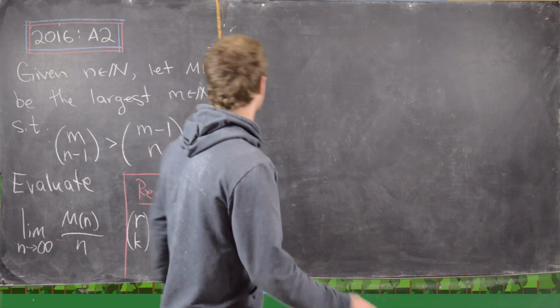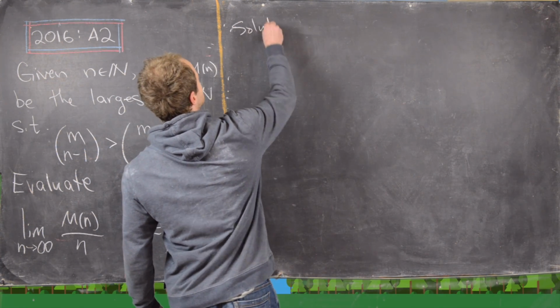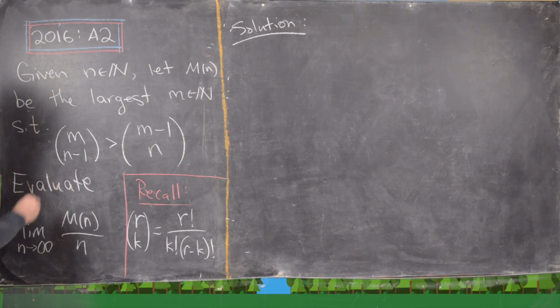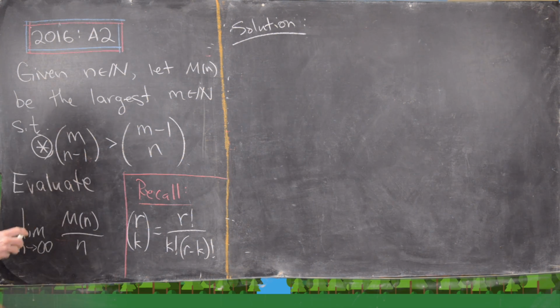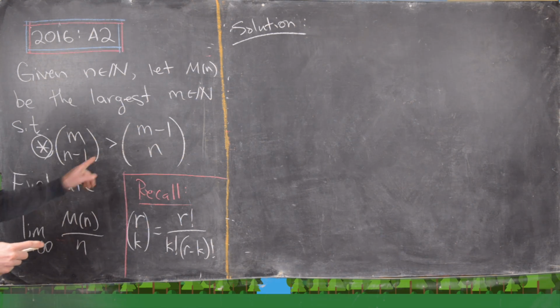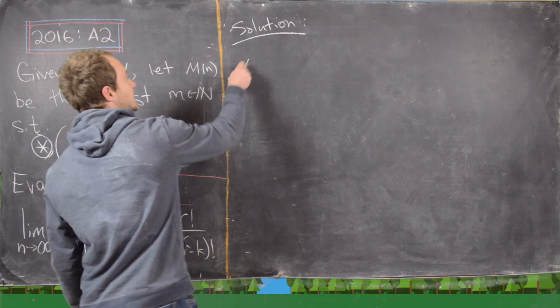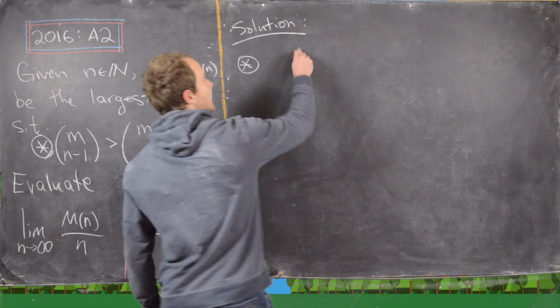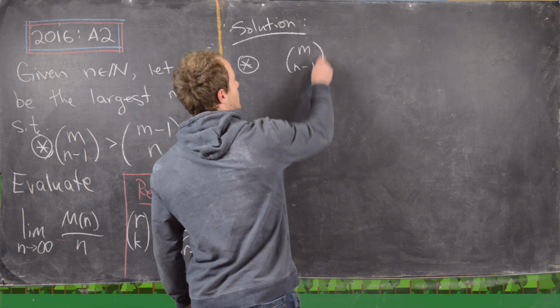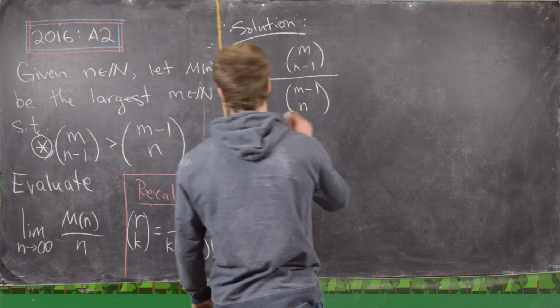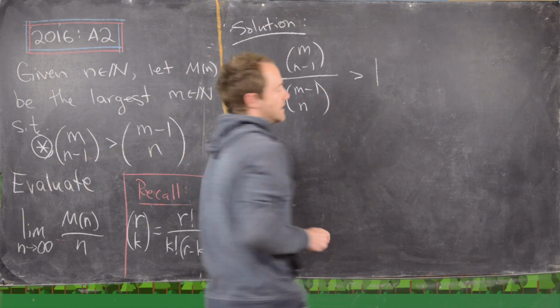Okay, so let's look at the solution. Notice that this inequality right here, which I will call inequality star, is the same thing as the following. If I divide both sides by the right-hand side, inequality star is the same thing as saying m choose n minus 1 divided by m minus 1 choose n is bigger than 1.